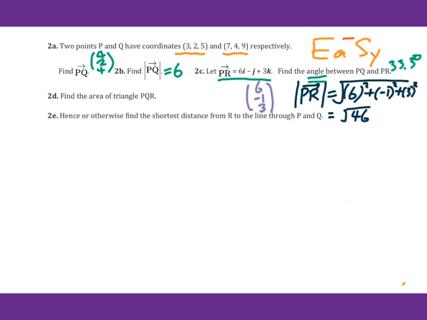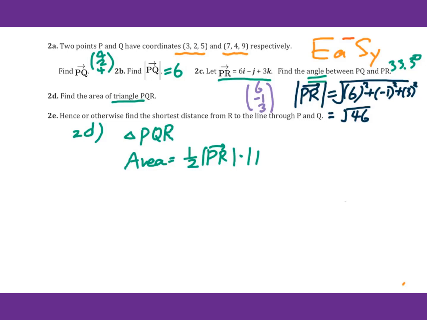Now let's go to 2d. Find the area of triangle PQR. We know the formula for the area of a triangle: area equals 1/2 times PR times PQ times sine theta.